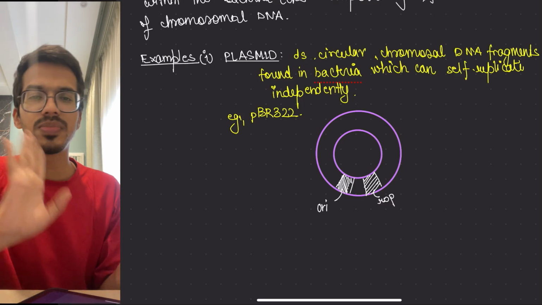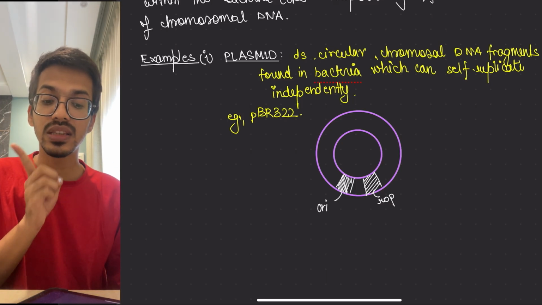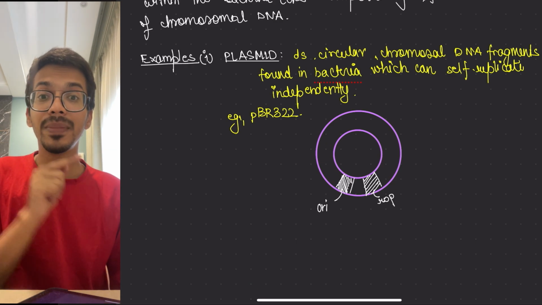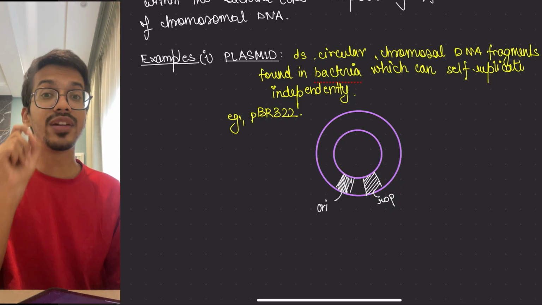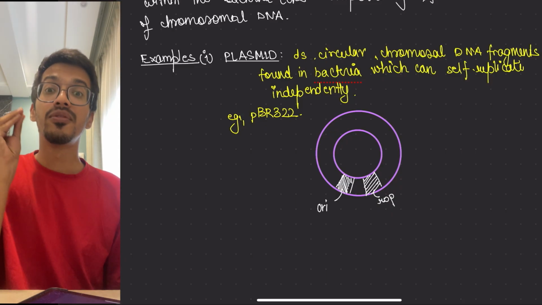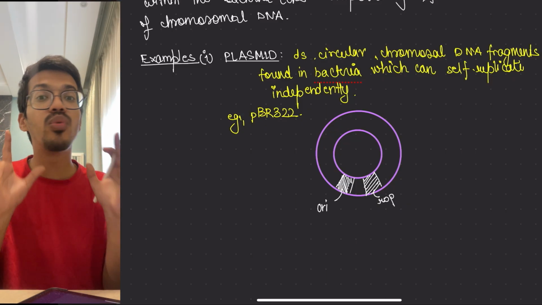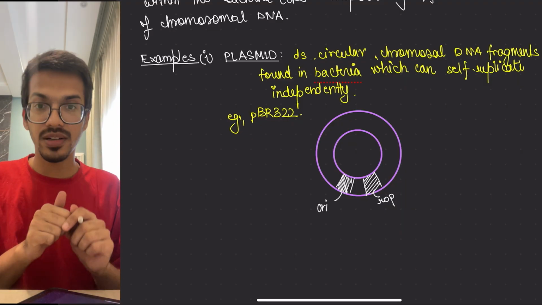There are many genes present on it, but the two most important genes present on pBR322 are the antibiotic resistance genes. This means wherever this plasmid is present in a bacterium, it will give the feature of antibiotic resistance, meaning that bacteria will not die when exposed to that medicine.